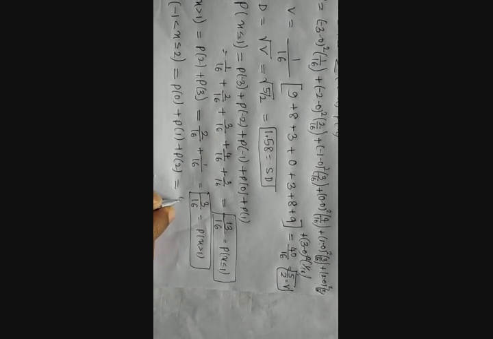So this is probability of 0 plus probability of 1 plus probability of 2. Probability of 0 is 4 by 16, probability of 1 is 3 by 16, and probability of 2 is 2 by 16. Therefore it is, over 16, 4 plus 3 is 7, plus 2 is 9. So 9 by 16 is the value.